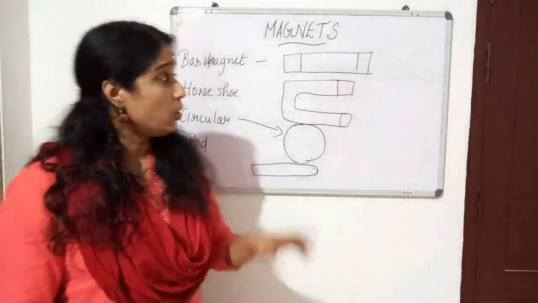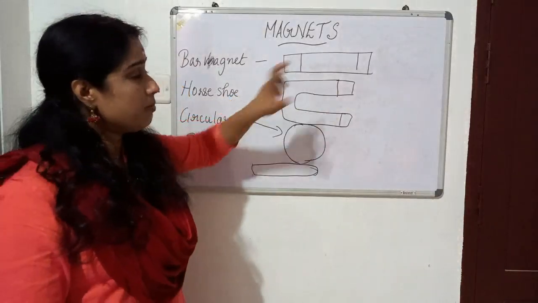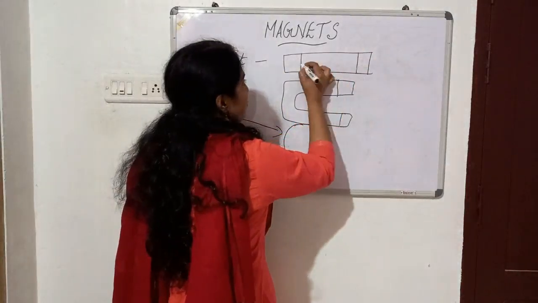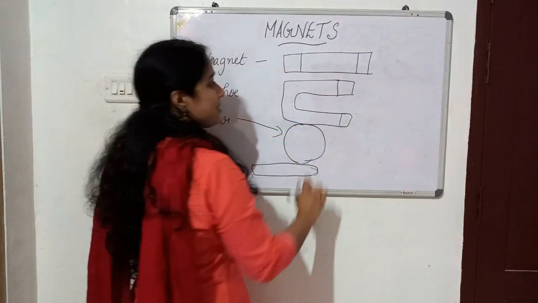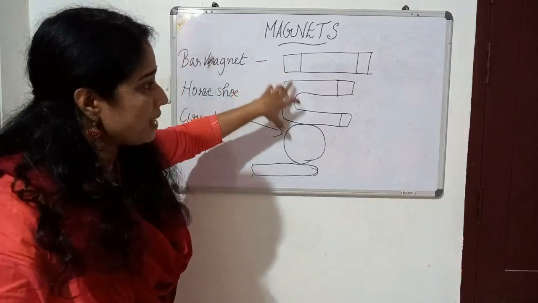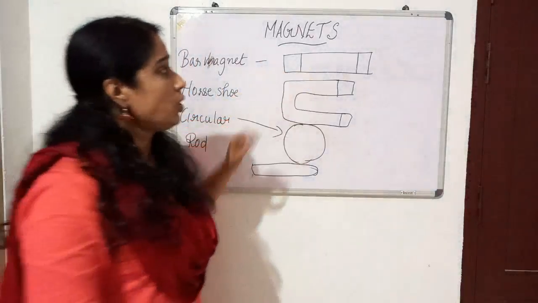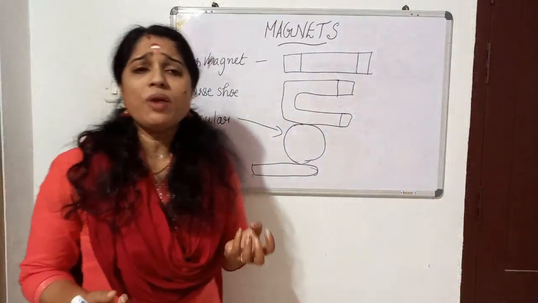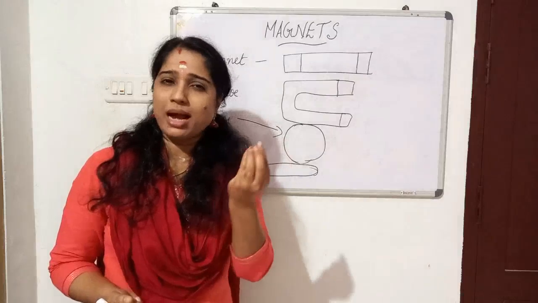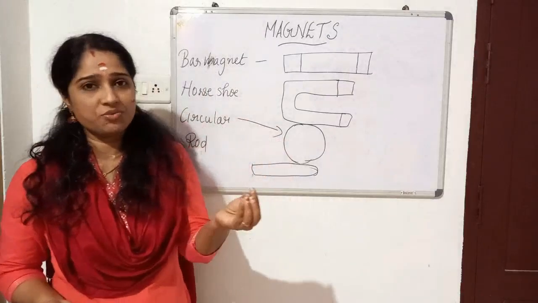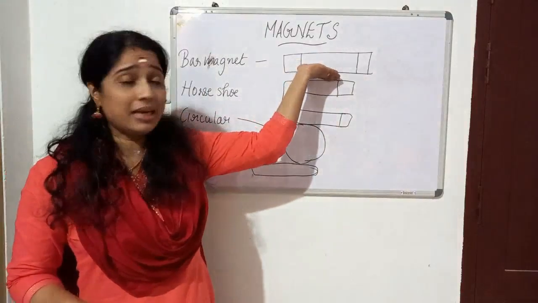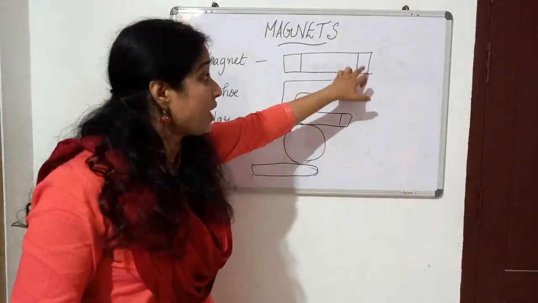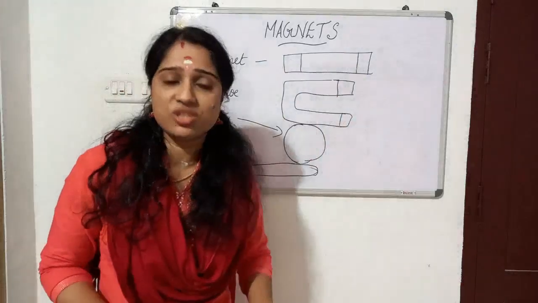Clear? Yes. So just observe this bar magnet. It has got two sides, and here also you can observe two sides. When you observe bar magnet and the horseshoe magnet, you could observe two sides are there, right? So when we hold iron filings or iron particles or safety pins near there, we could easily observe that they will stick to these two areas faster.